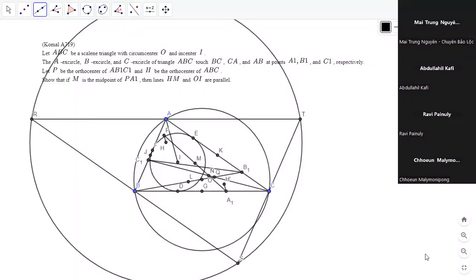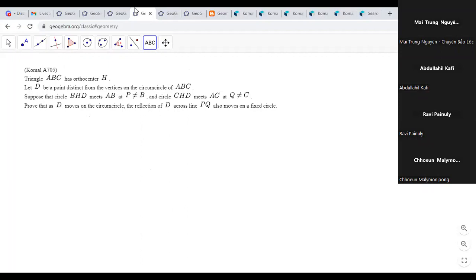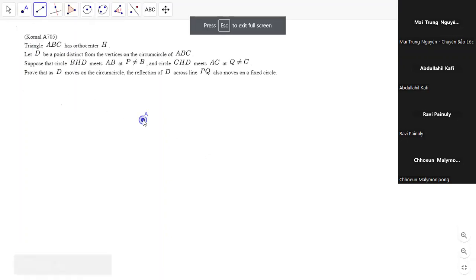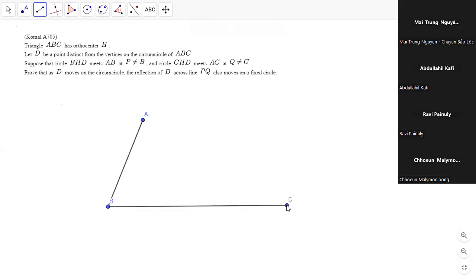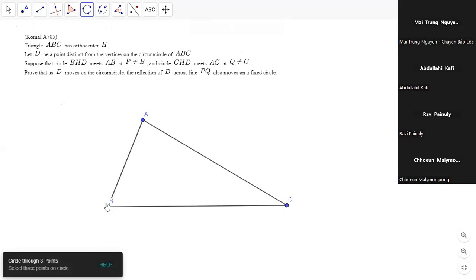All right, let's try another problem. So this one, let's see. So we have a triangle with orthocenter H. So this is kind of a problem where you move a point around and this is like a locus problem.